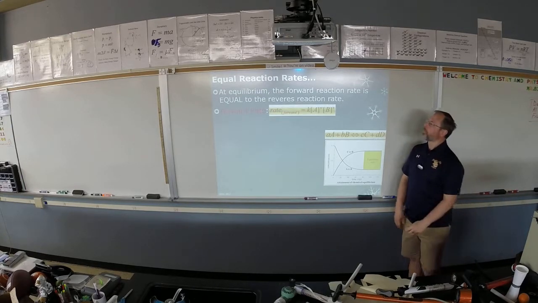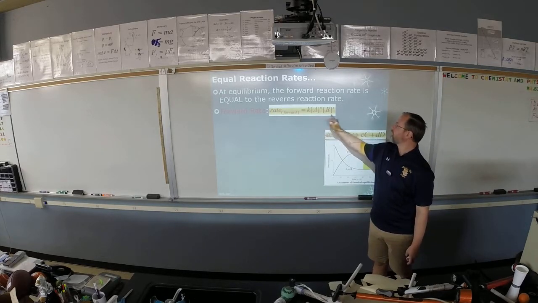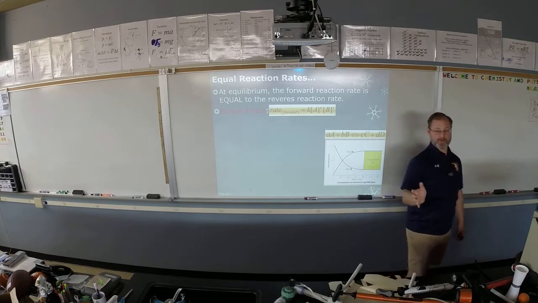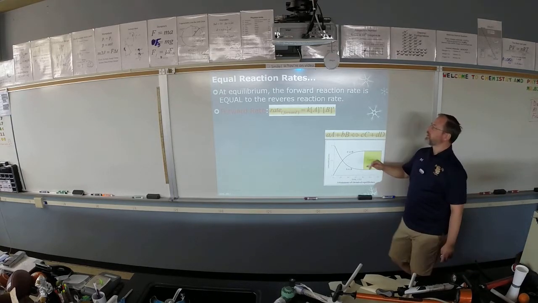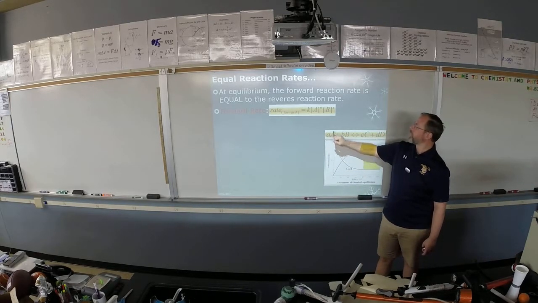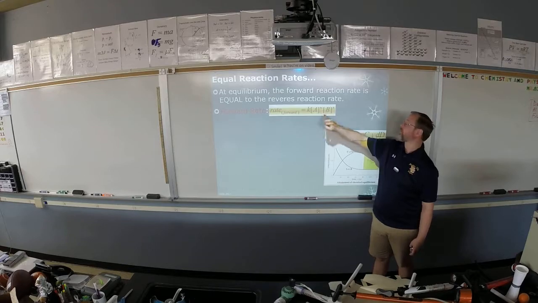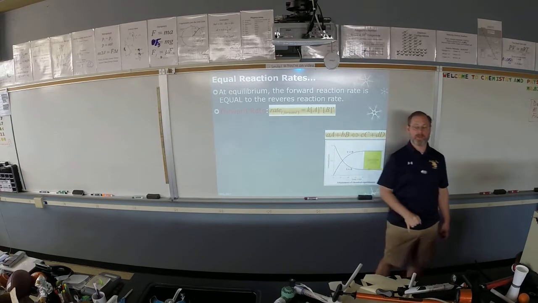But just remember, the forward rate is the concentration of each of the reactants raised to some exponent that has nothing to do with stoichiometry. So the rate of the forward reaction is k times the concentration of the first reactant raised to some exponent, multiplied by the concentration of the second reactant raised to some exponent.